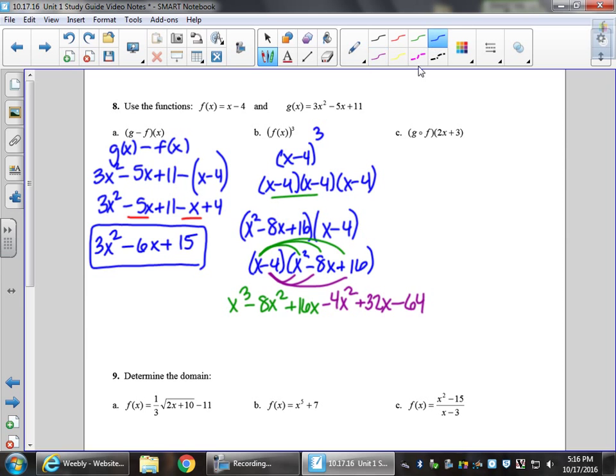And now we just need to combine like terms. I have a negative 8x squared, a negative 4x squared. This will become x to the third minus 12x squared plus 48x minus 64. And I'm all set.